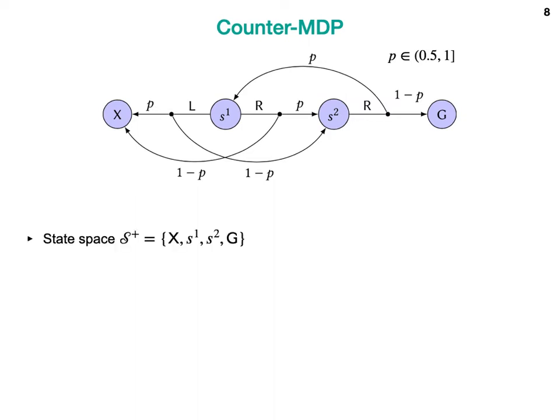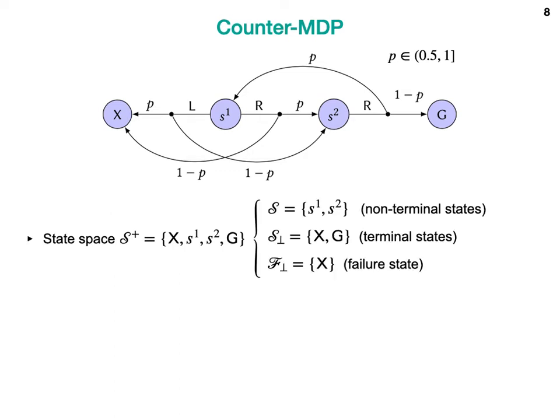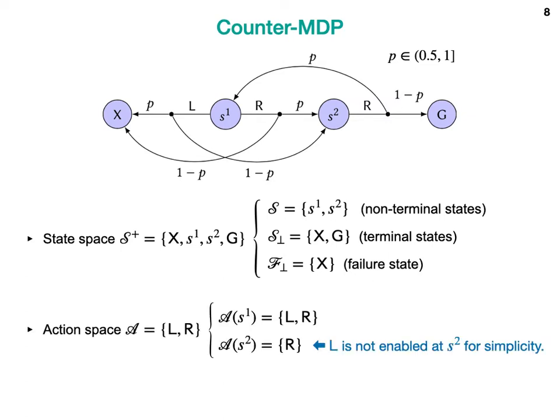The state space is like this, where S1 and S2 are non-terminal, X and G are terminal, and X is the failure state. There are two actions, left and right, but the left action is not enabled at S2 for simplicity.